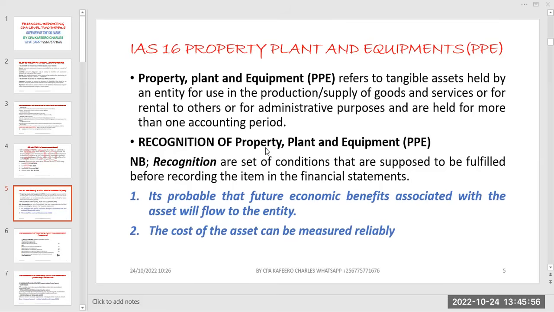Then the other one, we can talk about the carrying amount. The carrying amount, most of you are used to the net book value, but that's basically the same. It is cost minus the accumulated depreciation and the accumulated impairment losses. Impairment losses, we shall talk about it. It's also a different standard, but what I can tell you is that impairment is just the loss in value. We have bought the asset today at 10 million, but in 2 years' time, the amount you can get from it is, let's say, 2 million.